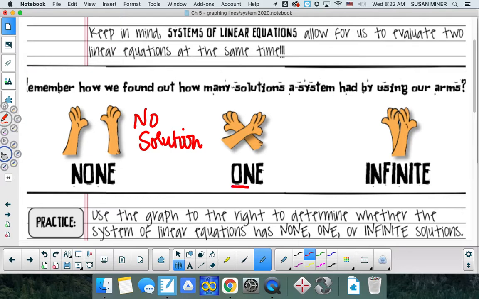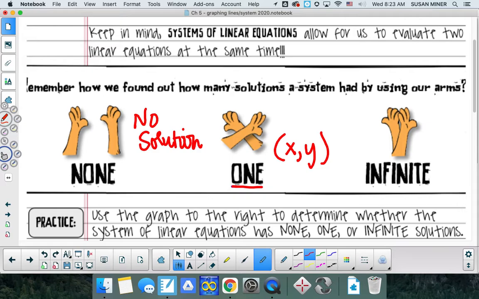If I have one place where the lines are crossing, and with straight lines we're only going to get one place where the lines cross, I'm going to have one point, and I'm going to write it as an ordered pair, and that's going to be my solution. X is this place, Y is this place, that's where they're the same. So I have an X and a Y value where those two lines are the same.